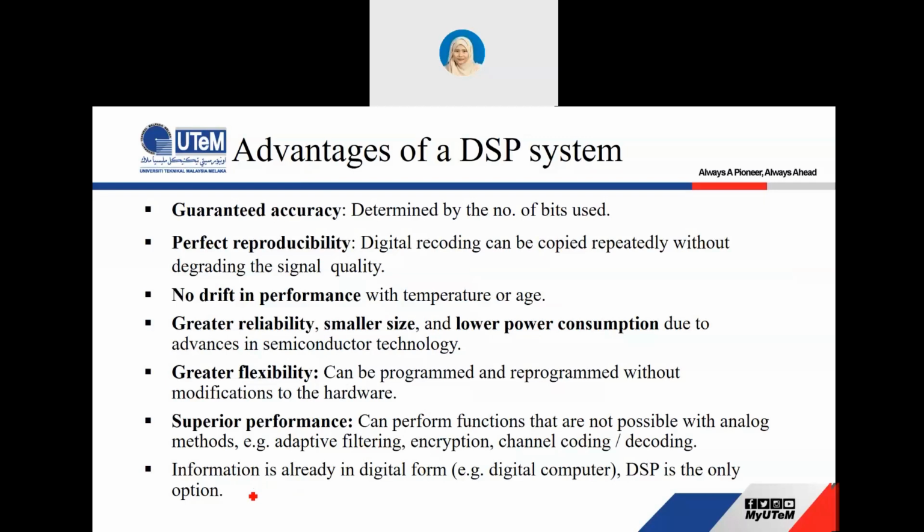If analog, we cannot do computerized processing for analog signals. If you want to save in a computer, if you want to save in HDD or in the cloud, it must be digital. The signal must be in digital.